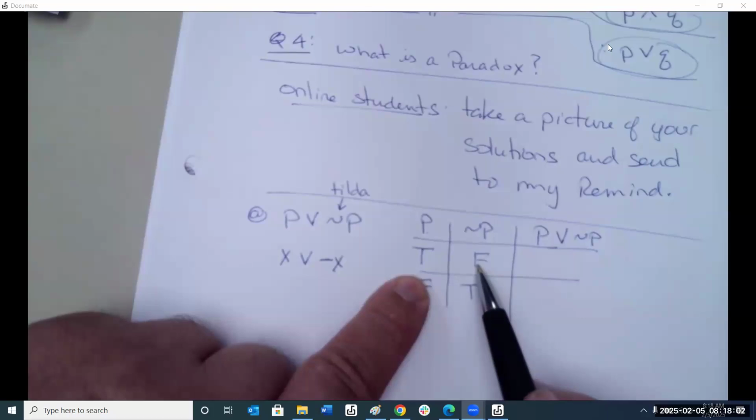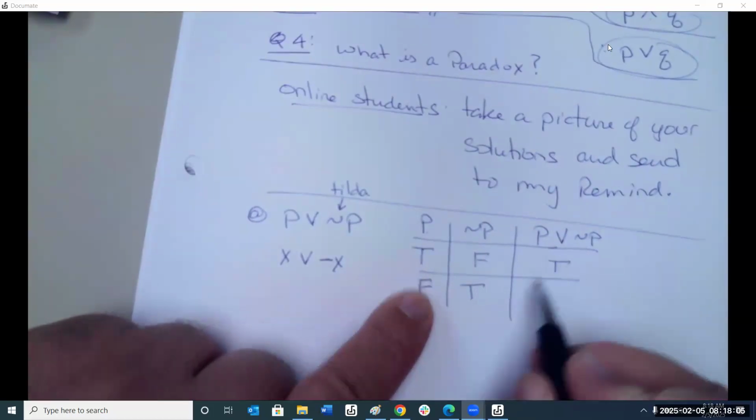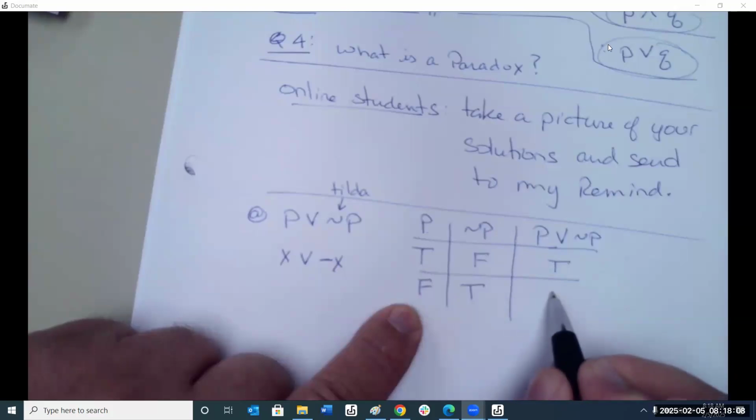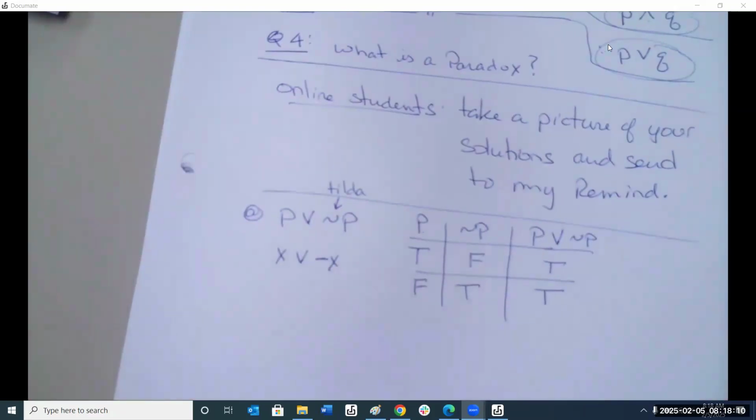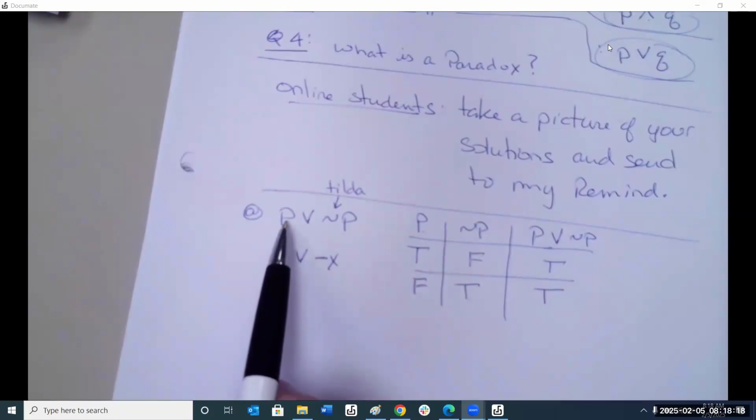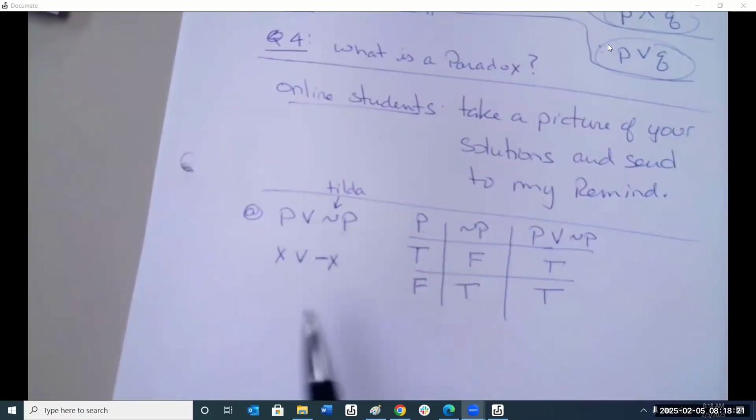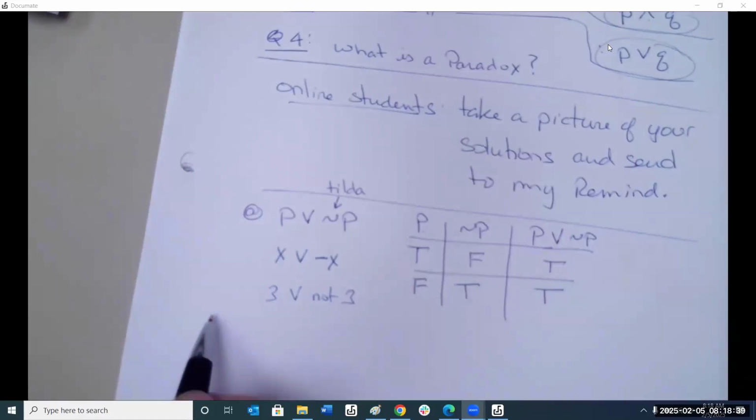So true or false is true, and false or true is true. So this statement is always true, because if you have a number or not that number, so if you have 3 or not 3, that's always going to be true. If I'm thinking of a number, it's either 3 or not 3. You can't miss it. So that's the first one.